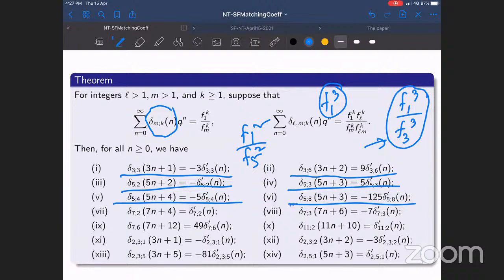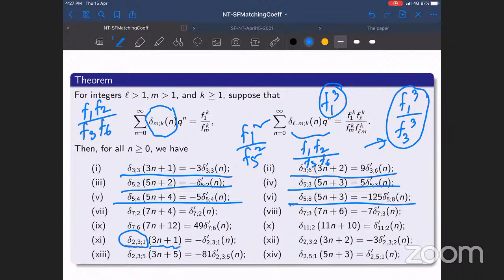And similarly, if we take two products, for example, here if we define delta L M K as F1 power k, FL power k, etc. So if we choose say 2 3 1 here, 2 3 1 means F1 power 1, then L equal to 2, F1 by F2, then M we take 3, so it is F3 by F6. So here F1 by F2, F3 by F6. Then also we get some matching coefficients.